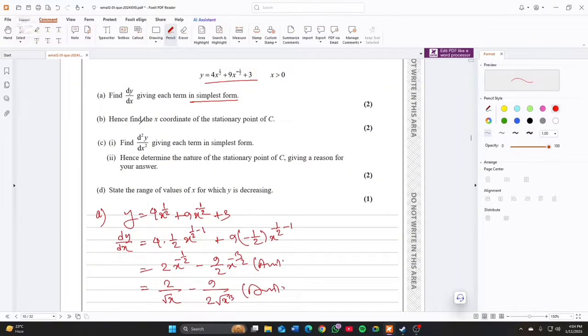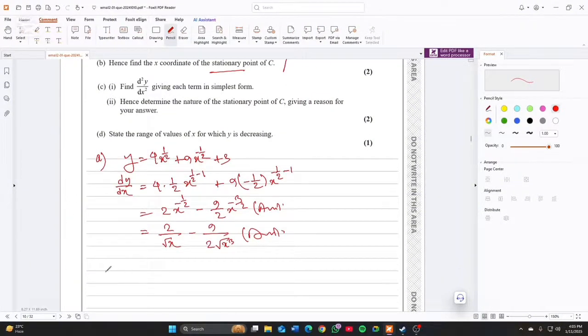B, hence find the x-coordinate of the stationary point of C. So to find the stationary point, we just take the differentiation to be 0. That means, say this is the curve, so the stationary point will be here, right? And at this point the gradient is 0. Since dy by dx, the differentiation, is the gradient, we take the gradient to be 0.